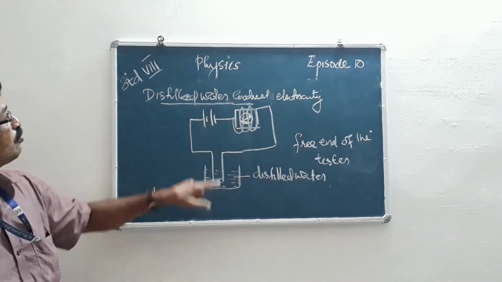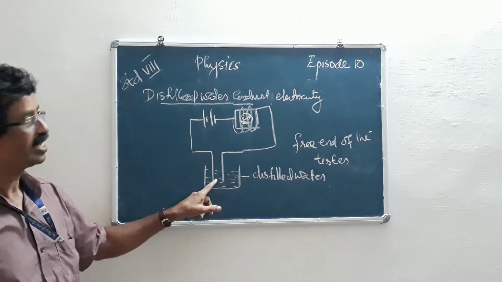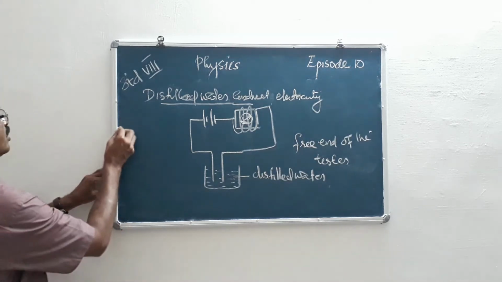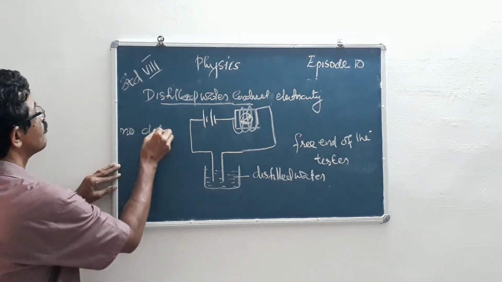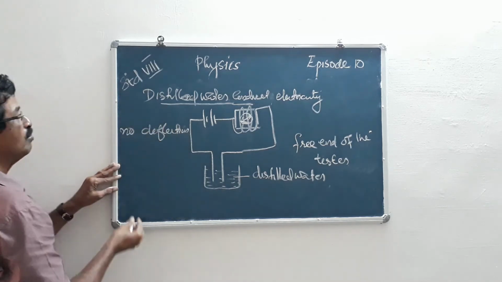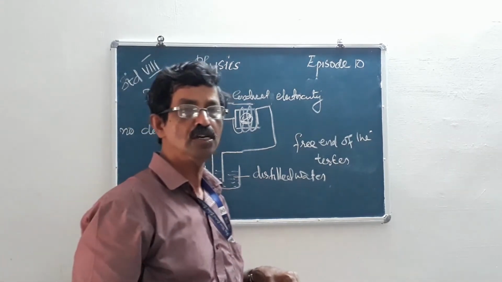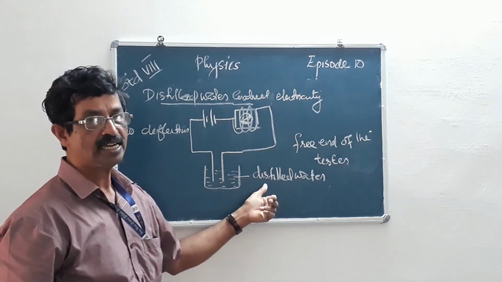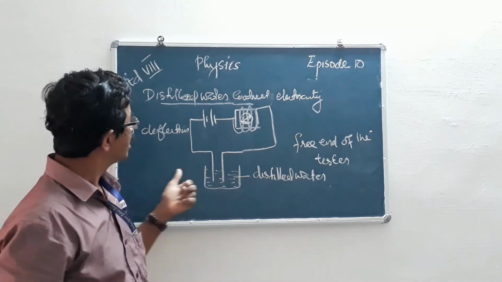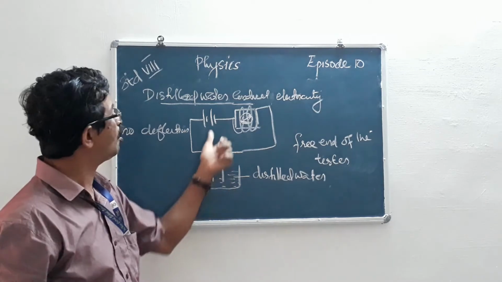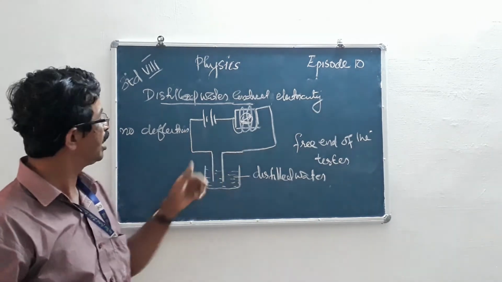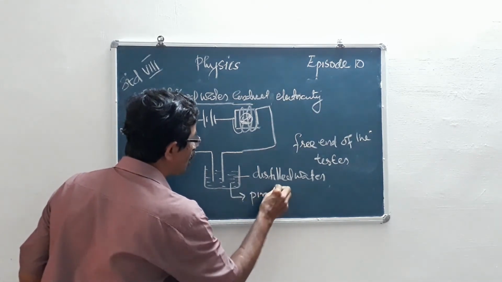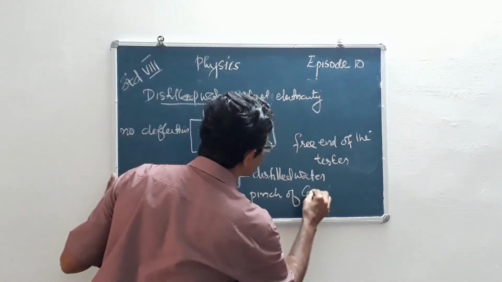When we dip the free ends in this distilled water, there is no deflection in the compass needle. That means distilled water is not conducting electricity, or the circuit is not completed.